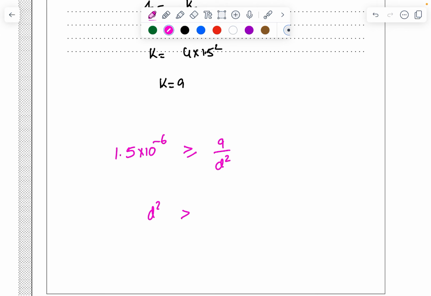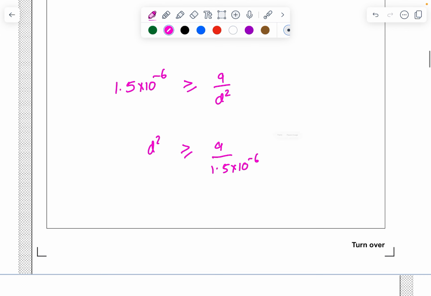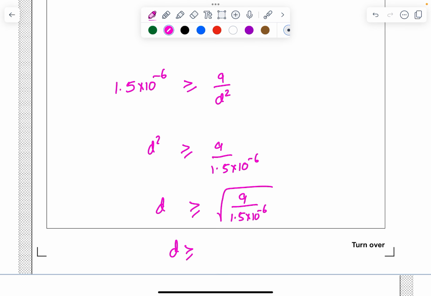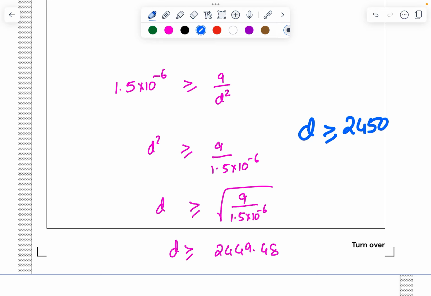So d square is greater than or equal to 9 by 1.5 times 10 to the power of minus 6. So d is greater than or equal to square root of 9 upon 1.5 times 10 to the power of minus 6, which gives me d is greater than or equal to 2449.48. But you should write in three significant figures. So the answer is d is greater than or equal to 2450 meters. That's going to be the answer.